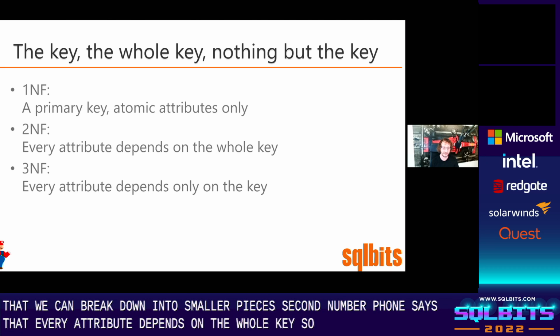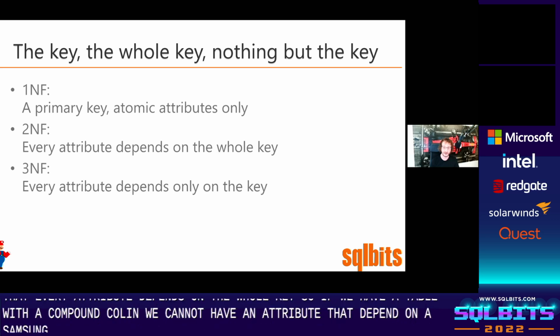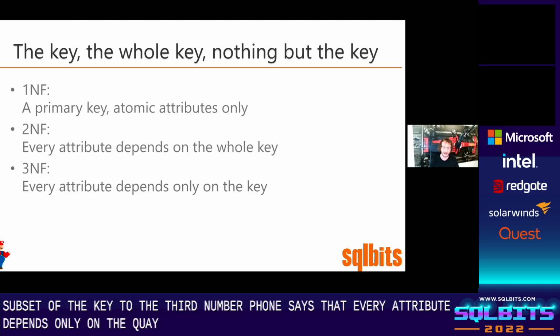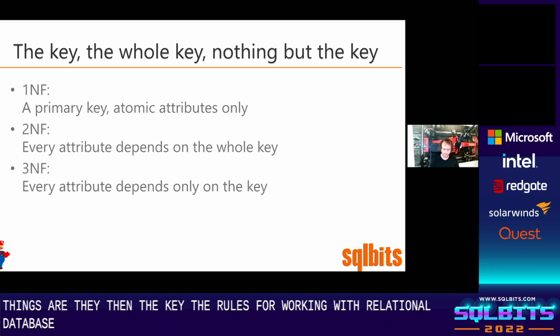So if we have a table with a compound key, we cannot have attributes that depend on a subset of the key. The third normal form says that every attribute depends only on the key. So we cannot have attributes that depend on things other than the key. So these are the rules for working with relational databases, and we will see why some types of data don't fit well with these rules.